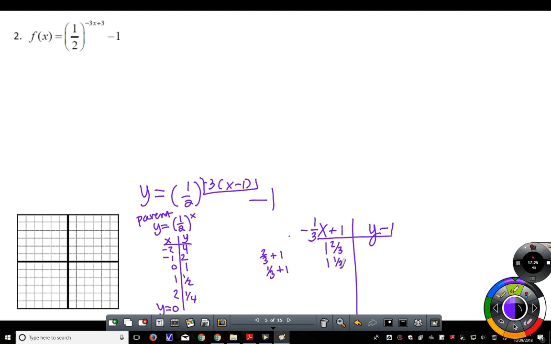I'm normally not a huge fan of mixed numbers if I have to take them later and add and subtract stuff, but we don't have to do that, right? These are the points we want to graph. A mixed number is actually friendly when you want to graph because you know to go like 1 and like 1/3 further, right? So then our X value of 0 would be 0 + 1, so we just have 1.